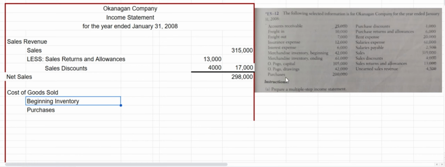Okay, let's just write these down first actually. So beginning inventory is the same thing as merchandise inventory beginning, 42,000, and we're gonna write that in the third column. For purchases, that's gonna be over here, so $200,000, and we're gonna write that in the second column.